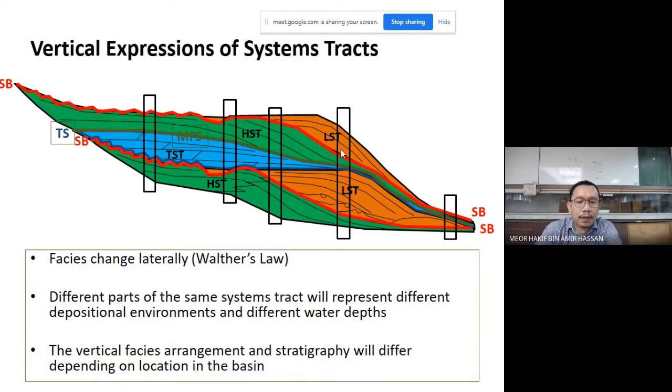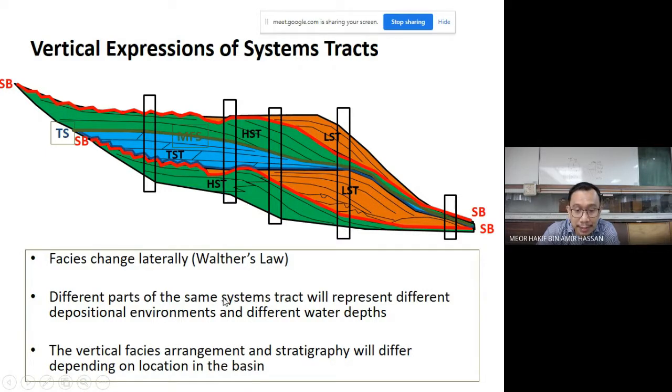Okay. Now, I mentioned earlier, you will have different kinds of patterns to the stratigraphy depending on where you are in the basin, and there is a reason for that. That is because of Walther's law. Different places, different facies, right? So you have different environments happening at different water depths.